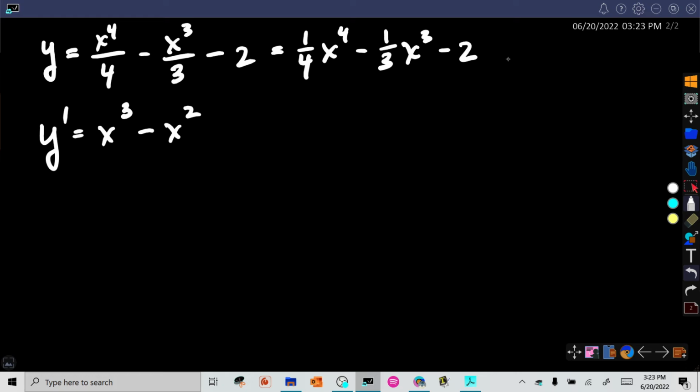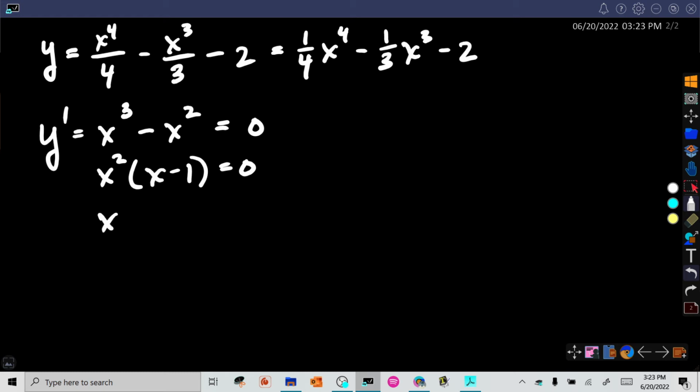Now we have to find the critical values. The critical values are going to be where this thing equals 0. So I can go ahead and factor out an x squared, and I'm going to be left with an x minus 1 equals 0.